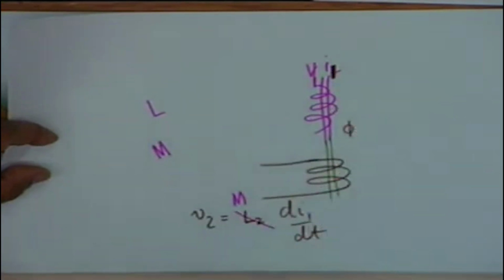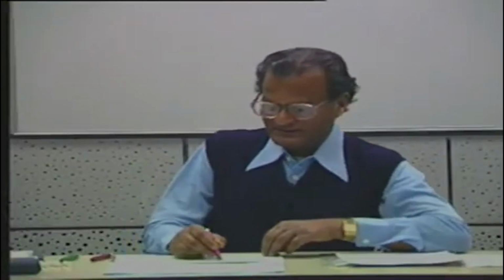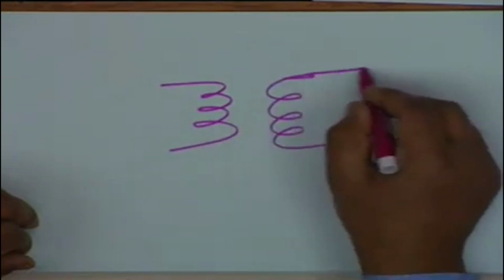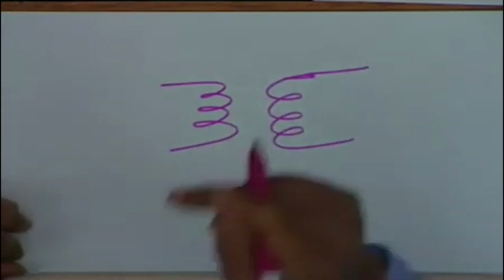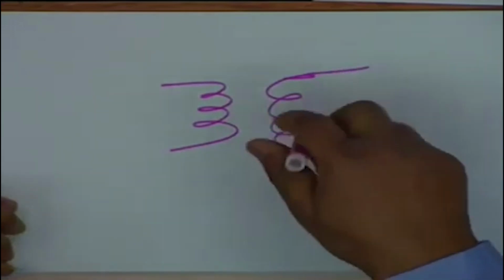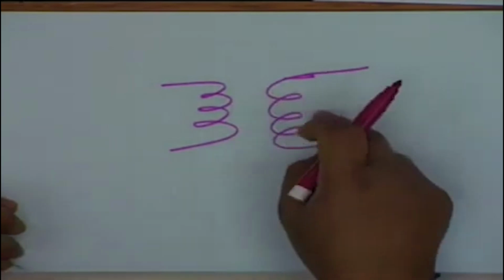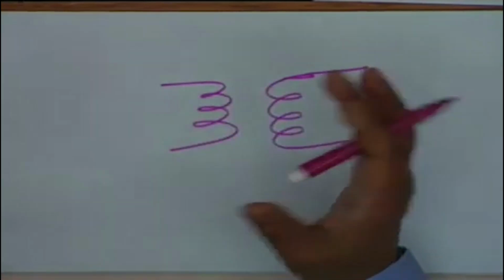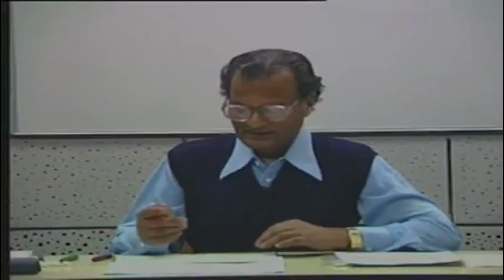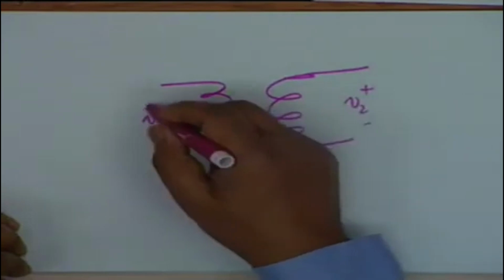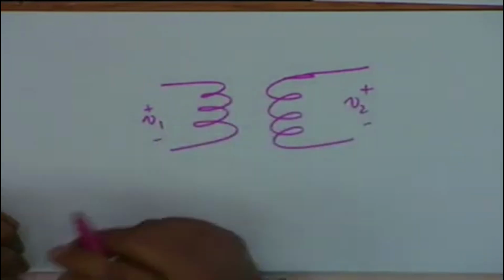Now one should understand that if there are two coils interacting with each other, one generates a magnetic field which cuts across the second coil. Similarly, the magnetic field generated by the second coil cuts across the first coil, and if these currents are changing, then obviously the voltages across the two coils shall have two components.